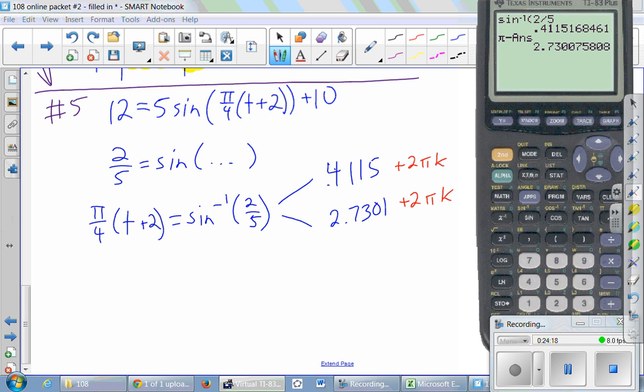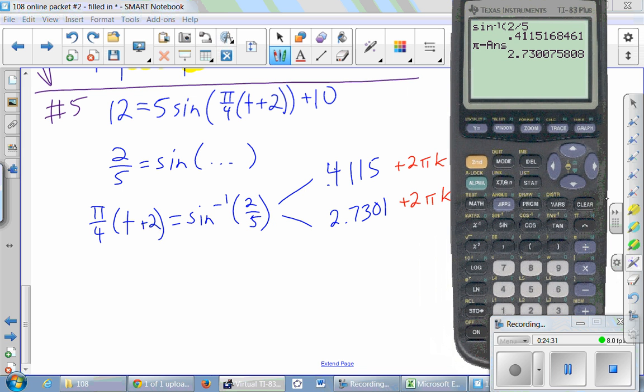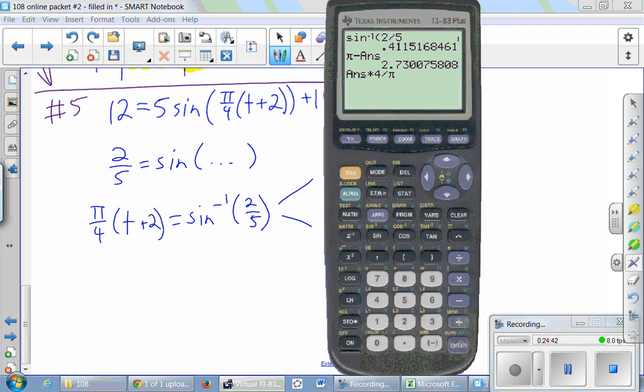And then we have to do the algebra where we solve for t. So that means that we're going to, just like before, multiply by 4 over pi and then subtract 2. So let's try to do that, taking some shortcuts here on the calculator. We're going to multiply by 4 over pi, and we'll get something.